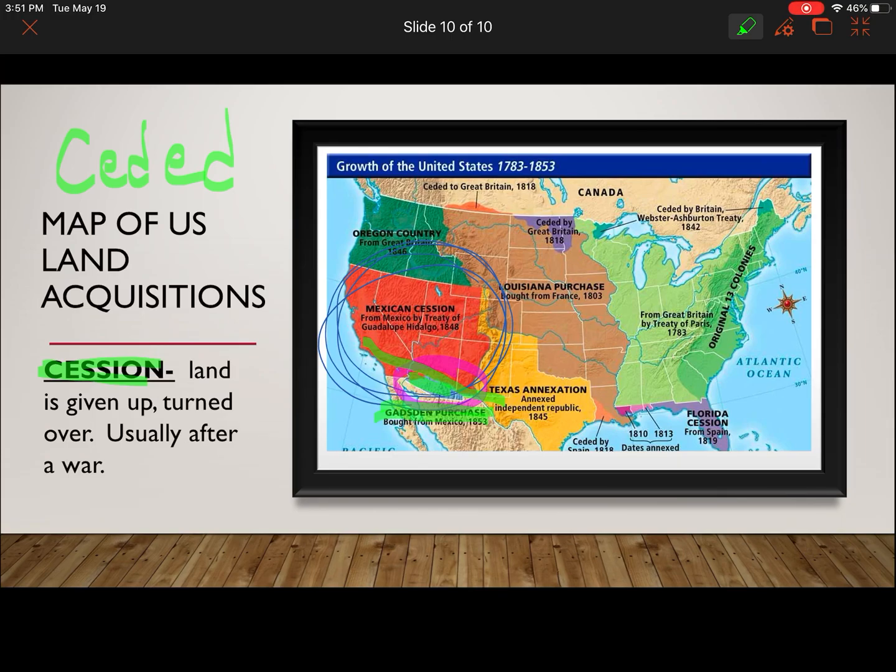There's other little chunks that you see we've acquired over the years, like this piece of present-day Montana that was ceded back to Britain, or this piece of present-day Michigan that we got from Britain, the northern tip of Maine, obviously the acquisition of Florida.